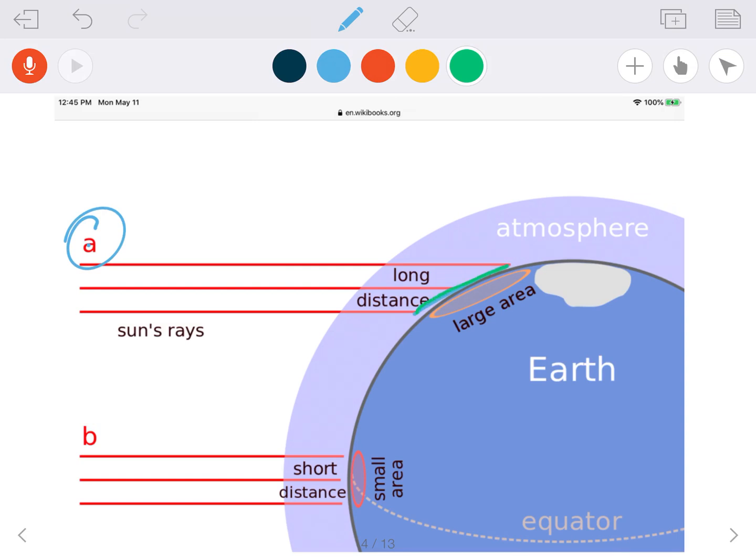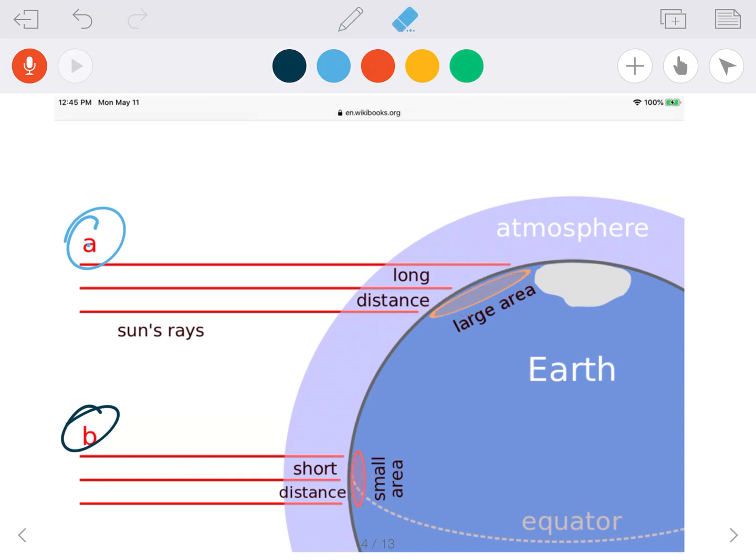So you'll see that these rays of insolation get spread out and they cover a large area, whereas the insolation at B makes this smaller area because it's a direct hit onto the earth. So the insolation of Earth is the strongest at the equator and weakest when you get to the very top of Earth.